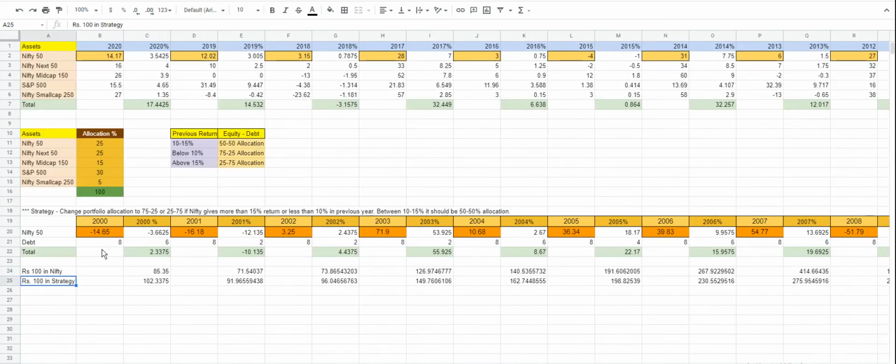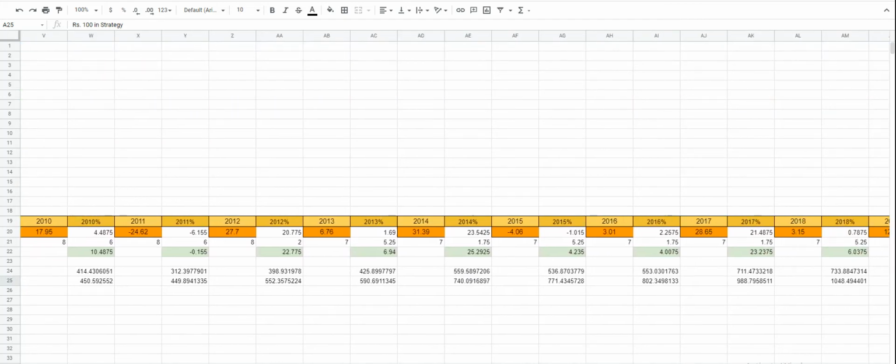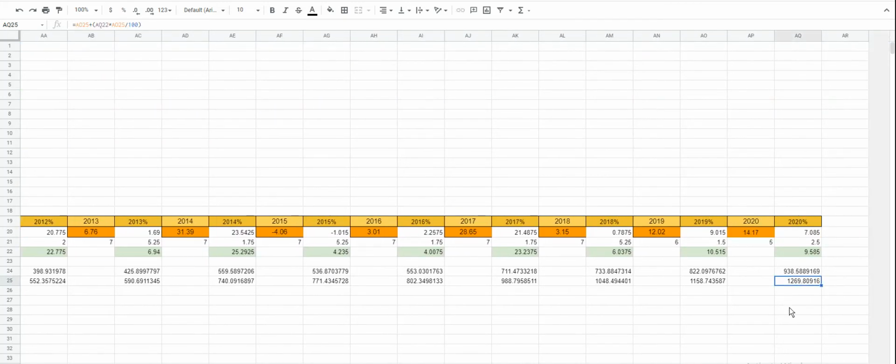But if you have invested in this strategy, without considering the tax factor, okay, I'm not considering the tax factor here. Without considering the tax factor, if you have invested in this strategy where you keep the allocation 25-75 or 75-25 or 50-50 based on the previous year return, and you keep changing it once every year, say on January 1st maybe, or December 31st, you keep changing that allocation, then this 100 rupees would have become 1269 rupees.